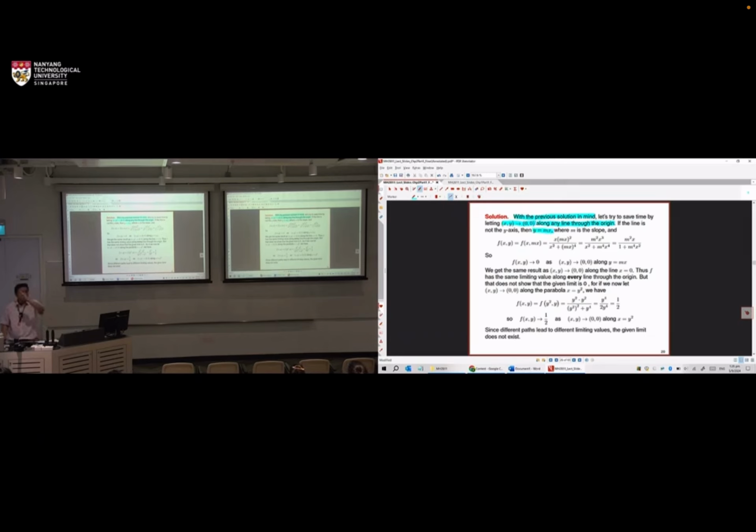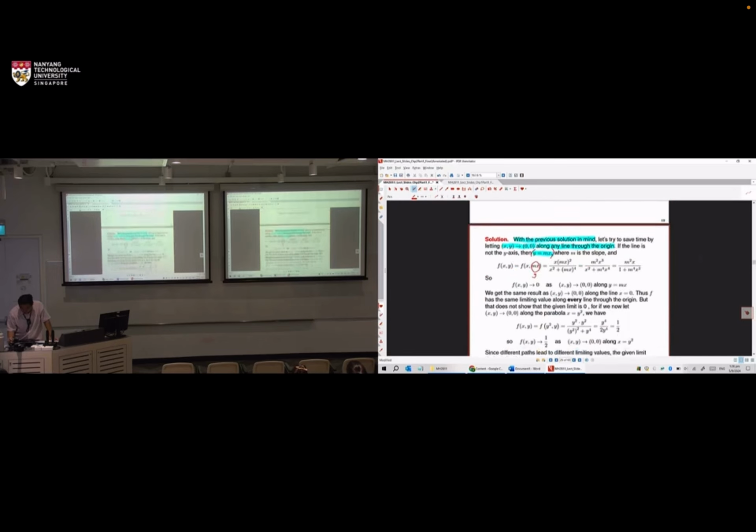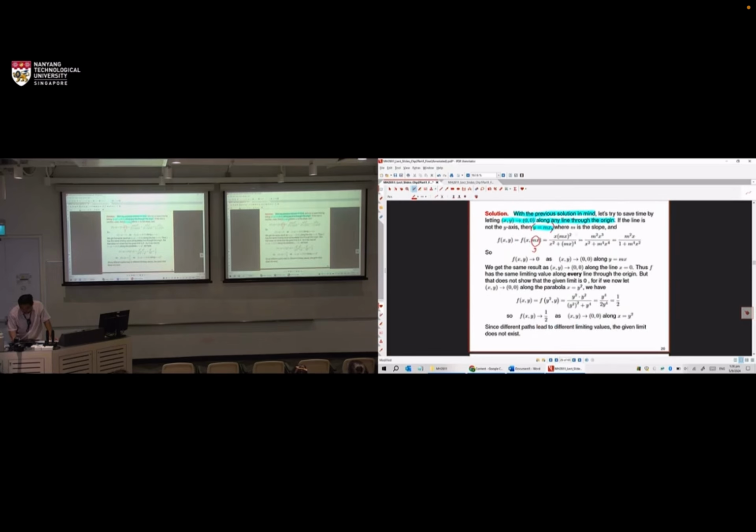So x can be 1, 0, 2, 3, 4. You replace all the y by mx, substitute into the expression, and then you simplify.